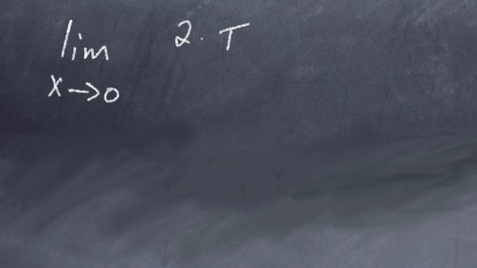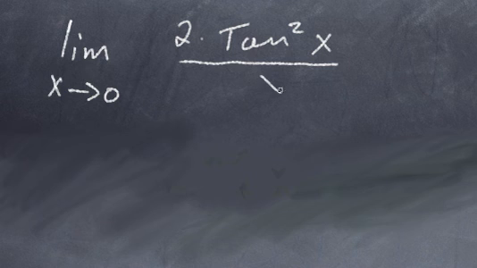Let's say we've got the limit as x goes to 0 of 2 tan squared x over x. Now I'm going to rewrite this tan squared x. I'm going to get this in terms of sines and cosines again.